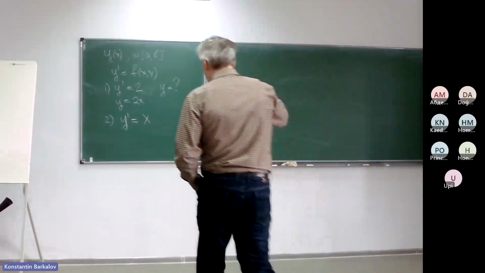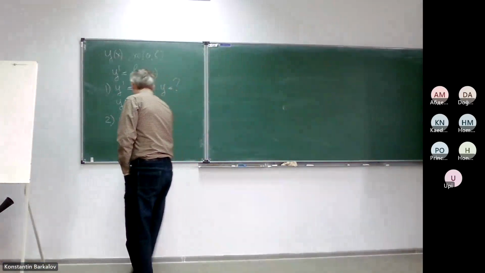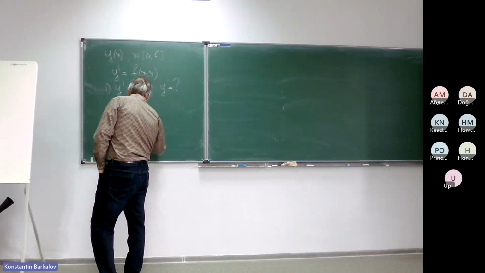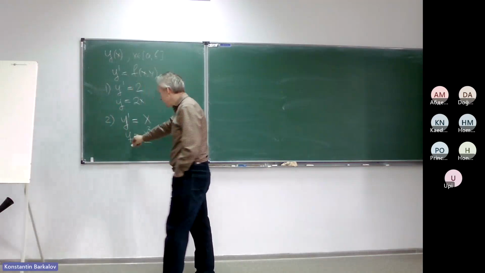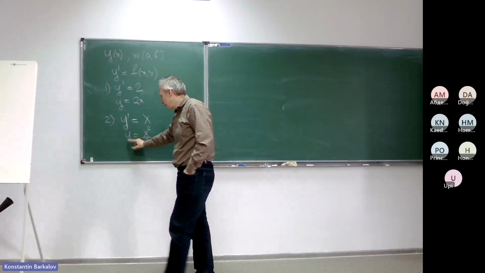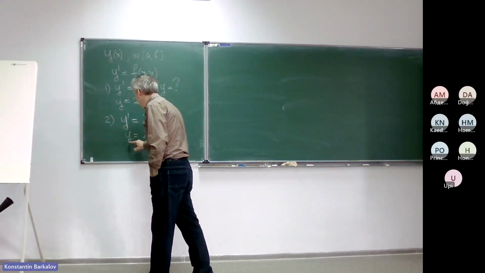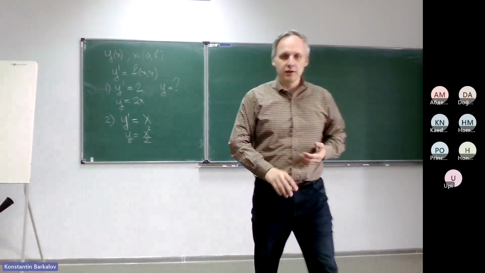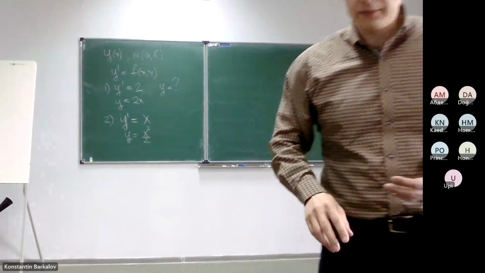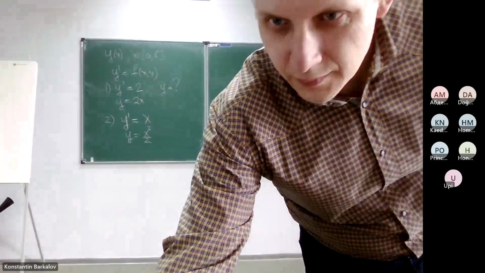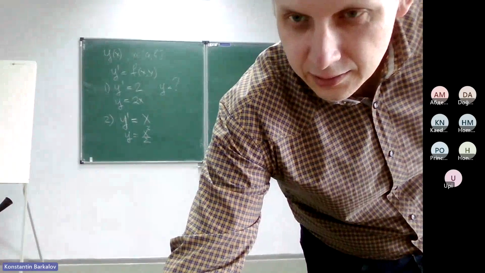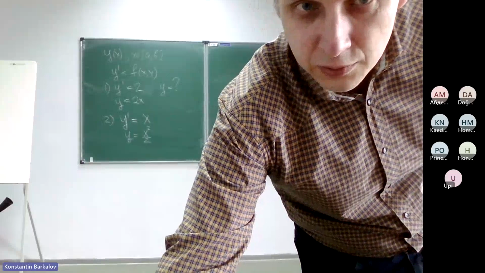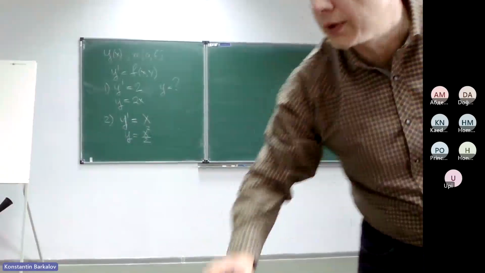And if you substitute here the value y equals x squared over 2, the derivative of y will be x. And you will have this solution. X squared over 2 is the correct solution to this problem.